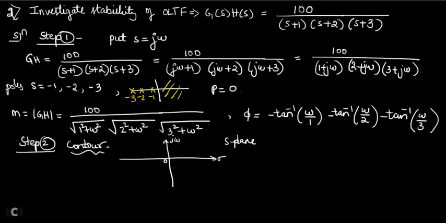This is 0. Starting from 0, go up to plus j infinity. Let me call this point B, and the starting point A. Direction is like this. Take the entire contour and come to minus j infinity. This point I am calling C and this point D.